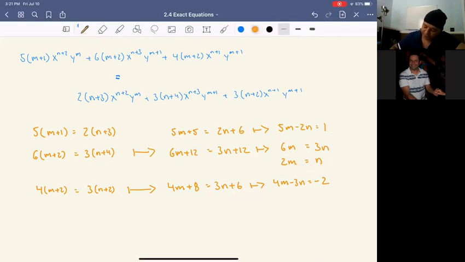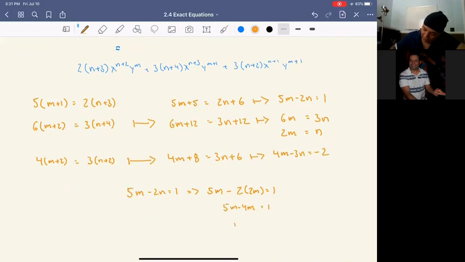Okay, so 5m minus 2n equals 1 is the same as 5m, now since 2n is 2 times 2m, minus 4m equals 1, or m equals 1.